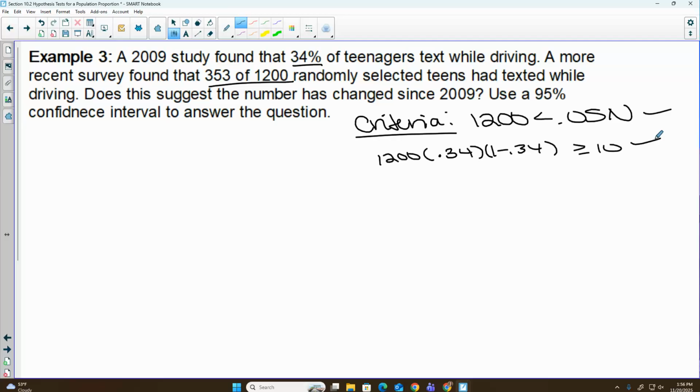So far, so good? So then, take a second, read it, and see if you can write down your null and alternative hypothesis. So what'd you use for the null? P = 0.34. And the alternative? P not equal to 0.34. Definitely.